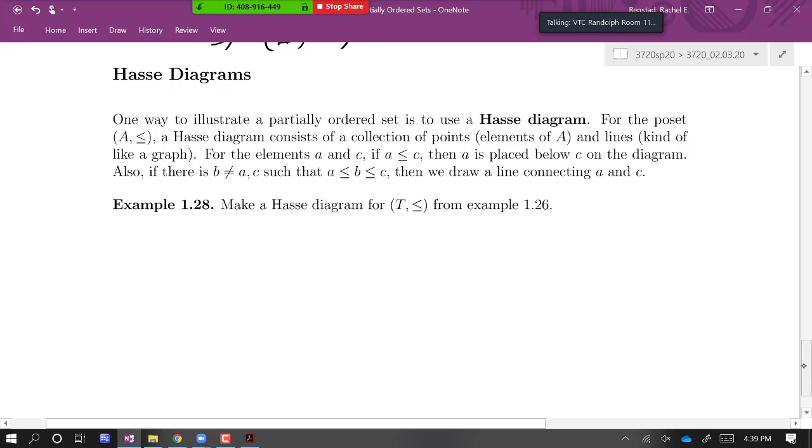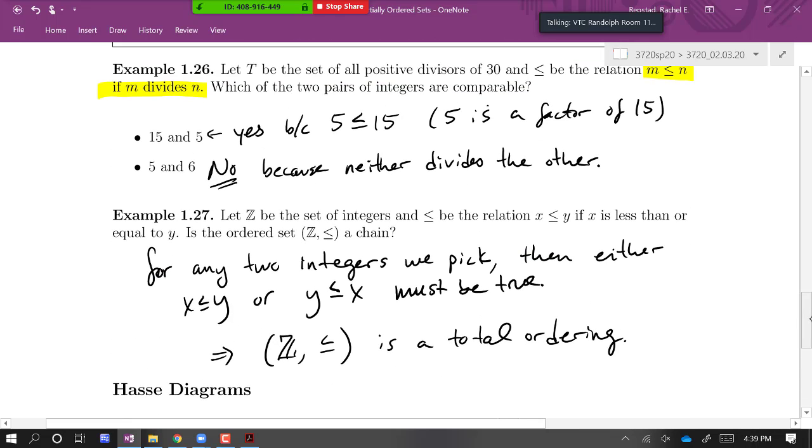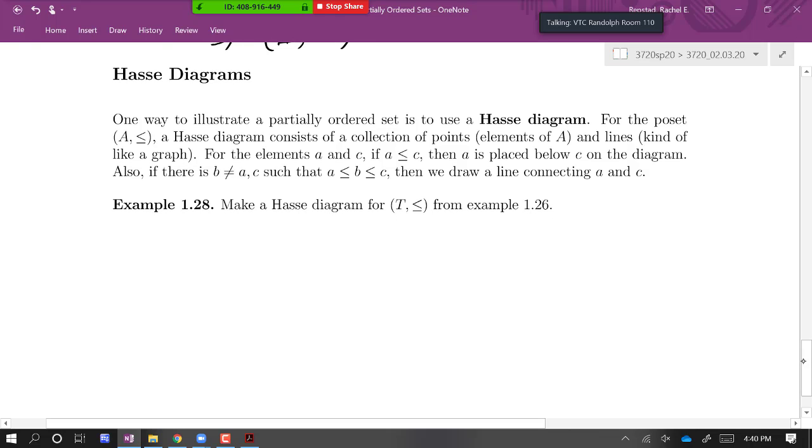There's kind of a vertical hierarchy in a Hasse diagram, but basically each element of the set that you're working with has a location, like a point.